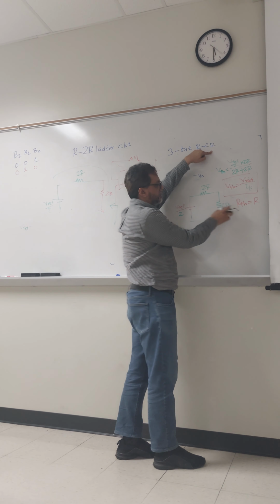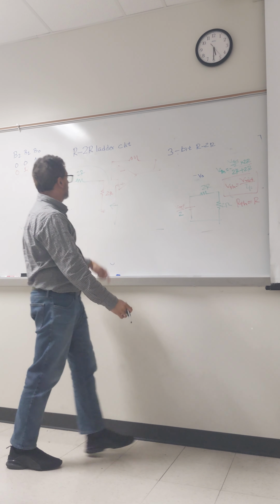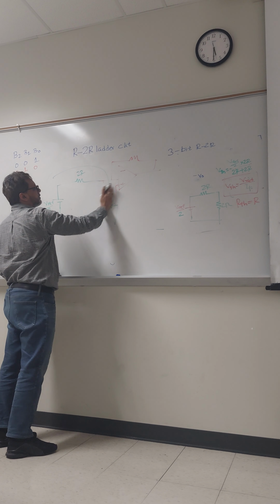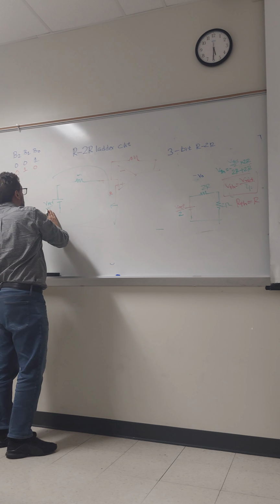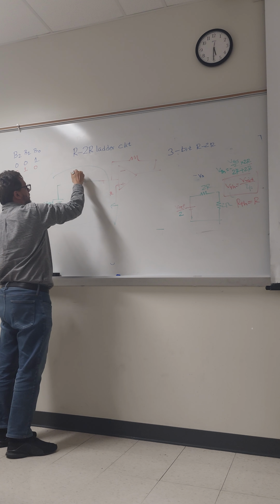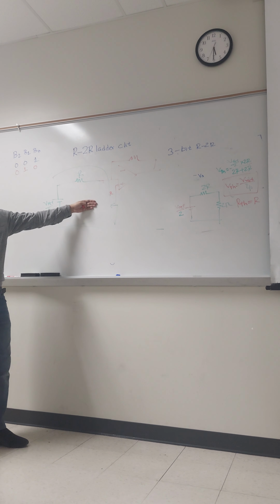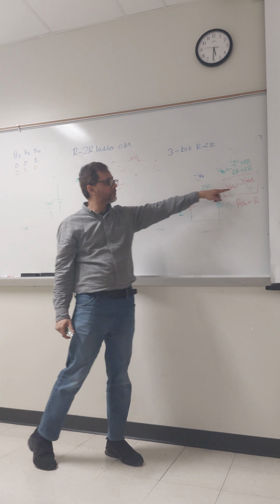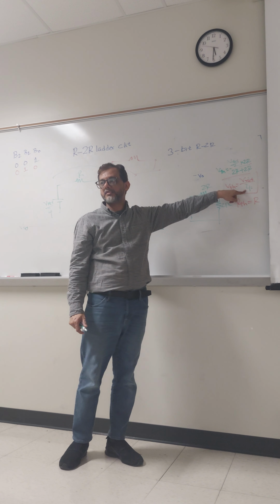And still RTH equals R. So we already reach here. So it will be finally V reference by 4 with R. So for 0, 1, 0, or we can say if only B1 is connected to the reference voltage, all other bits are connected to 0 or logical 0, it will give you V reference over 4. And RTH is still R.